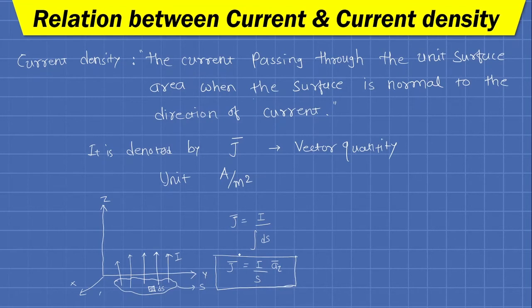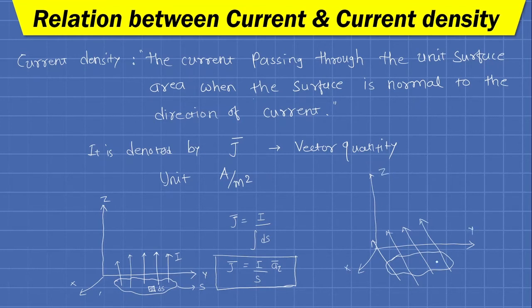But say if it is not the case and we have another kind of situation in which the same surface is there, but this time the current is not in the upward direction, rather it is at some angle theta with the z axis.